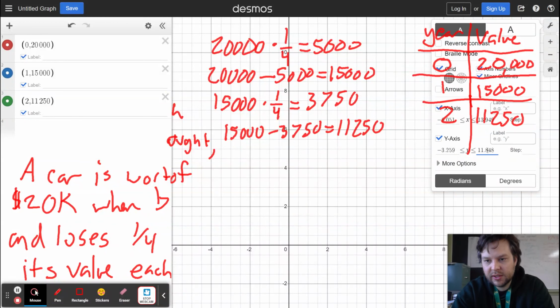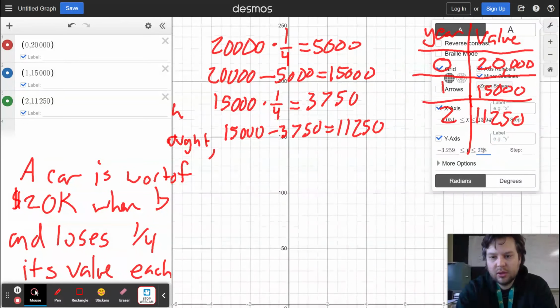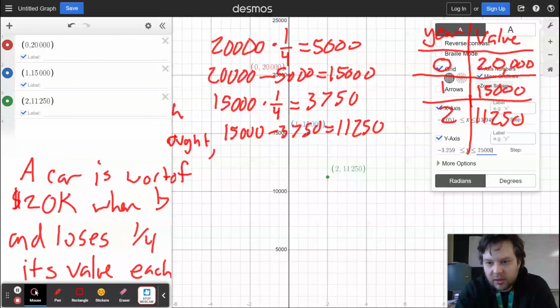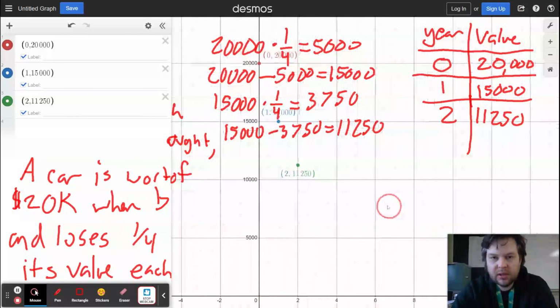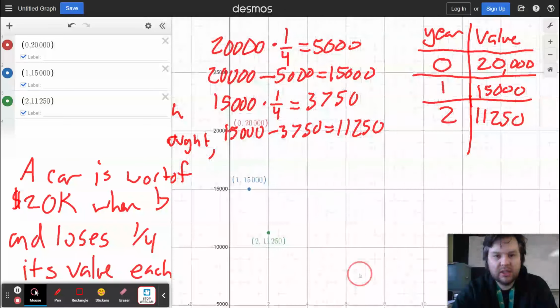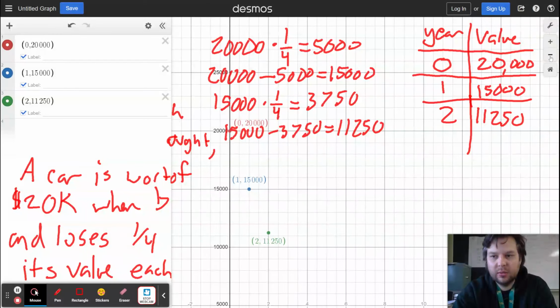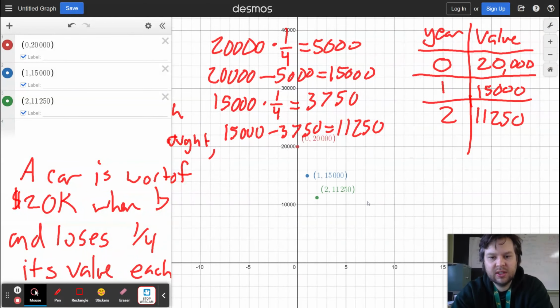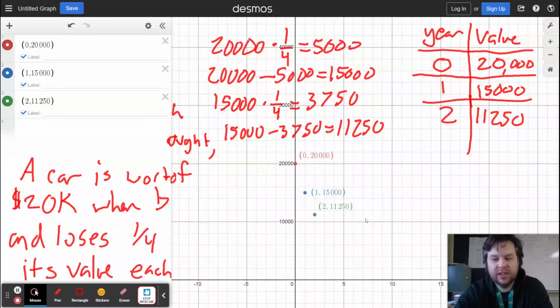Let's make our y-axis go up to 25,000. There we go. Now we can see those 3 dots. We can see the y-intercept, the 15,000, and the 11,250 at 2. I hope you can see how this becomes a real pain if you have to keep going and going and going.